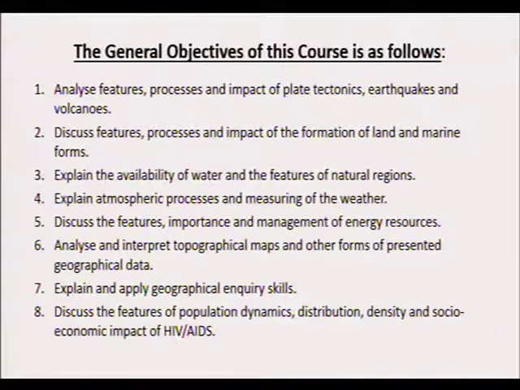Number 1, to analyze features, processes, and impact of plate tectonics, earthquakes, and volcanoes. While we are looking at this objective, we are having plates that are caused to move by plate boundaries which are moving in certain directions.